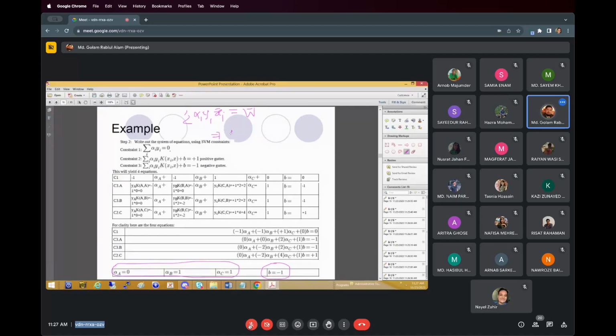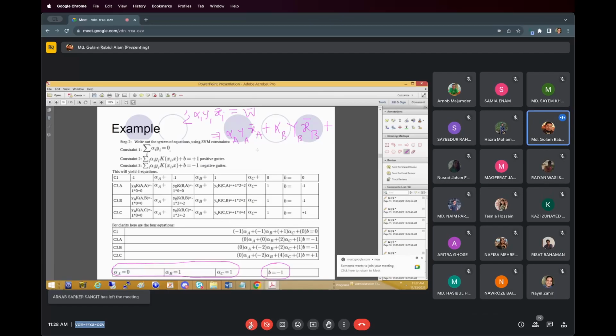We can write alpha A, y of A, and xi of A, support vector A, plus alpha B, yB, and xB, plus alpha C, yC, and xC, equal to our vector W.